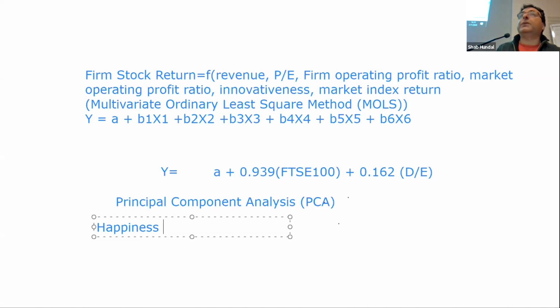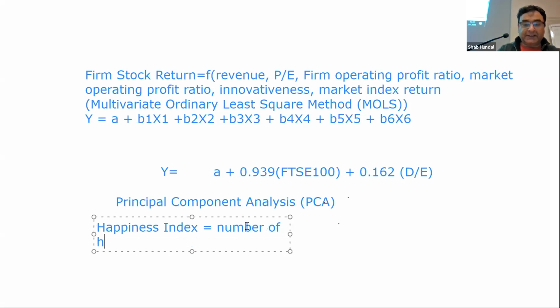And then we ask them some more questions because we want to find out what determines the happiness of people in the city of Uvascula. So let's call it the happiness index. And then we find that the variables which can affect happiness are the number of hospitals in the city. More hospitals, better health, more happiness.